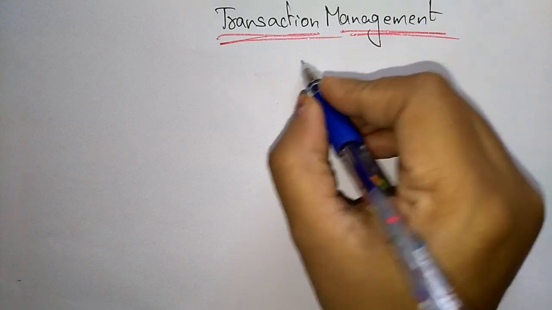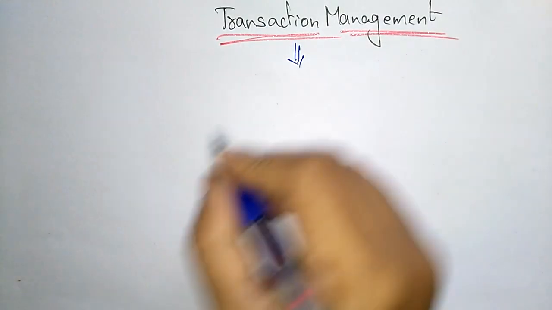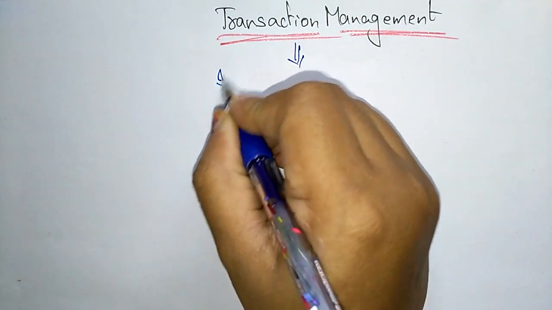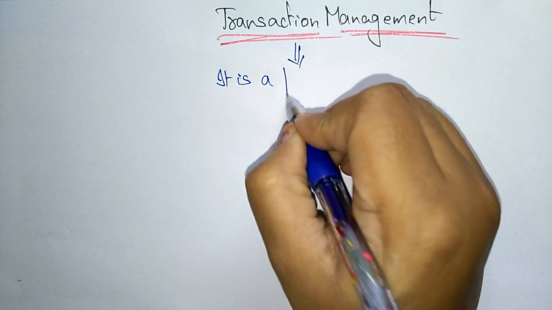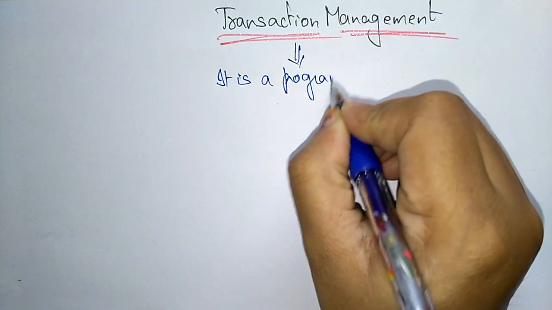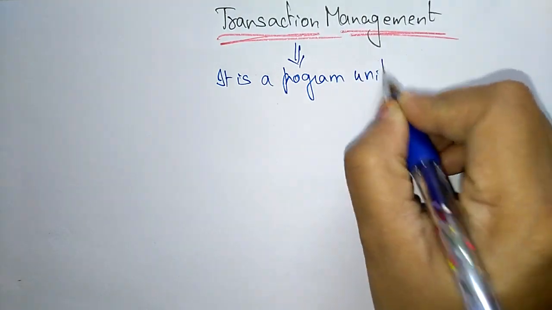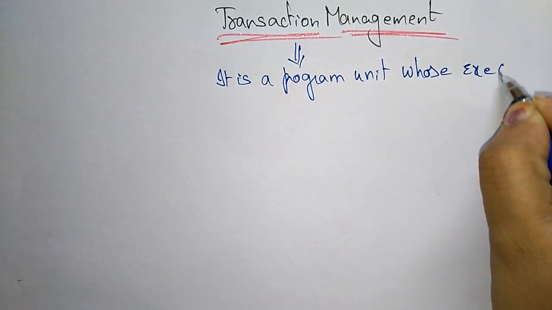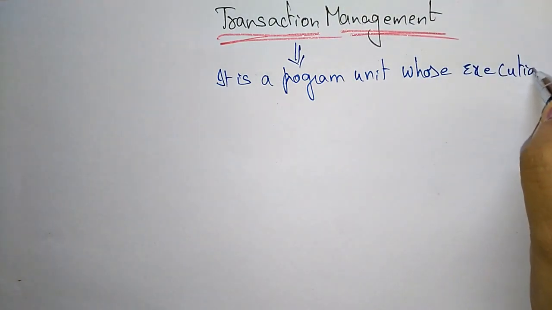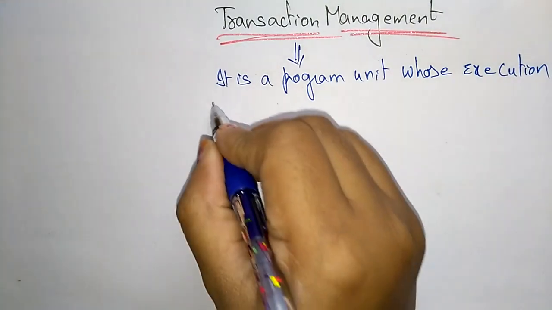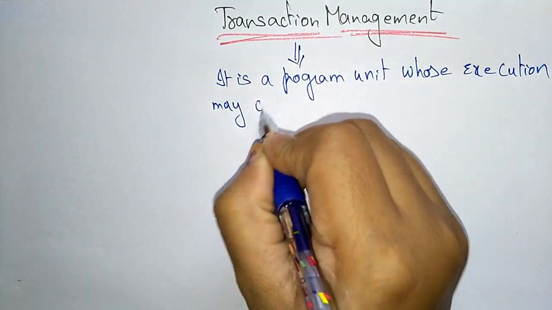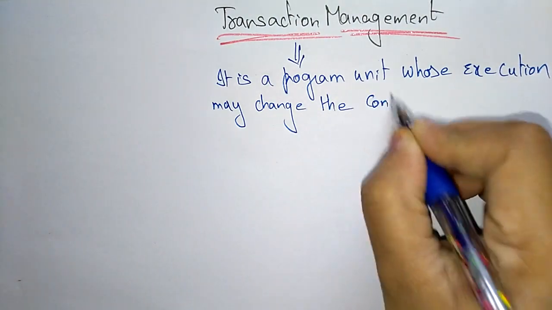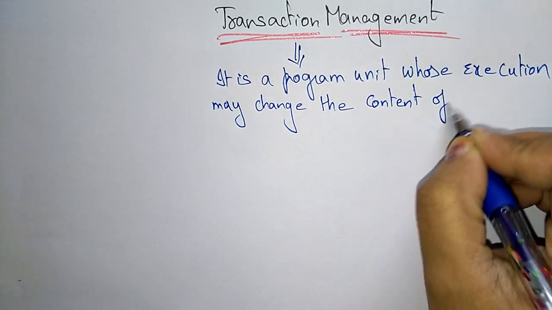A transaction is nothing but a program unit whose execution may change the content of the database. So that you call a transaction. Here the transaction is a program unit whose execution may change the content of the database.